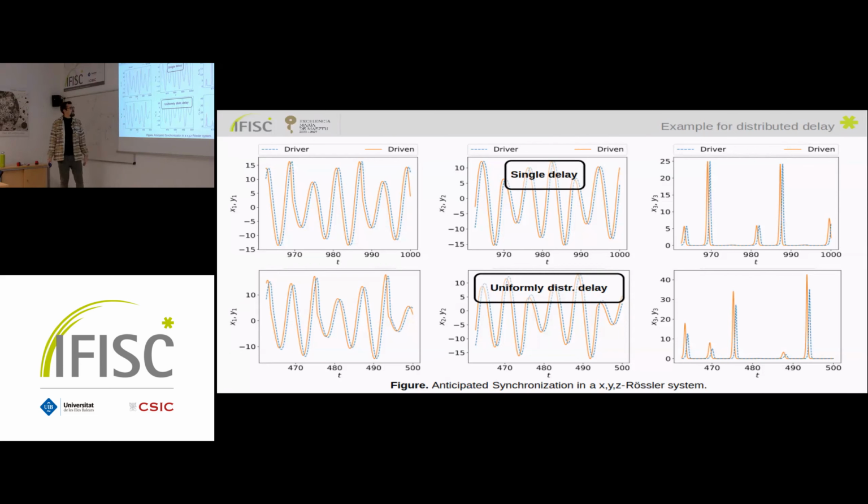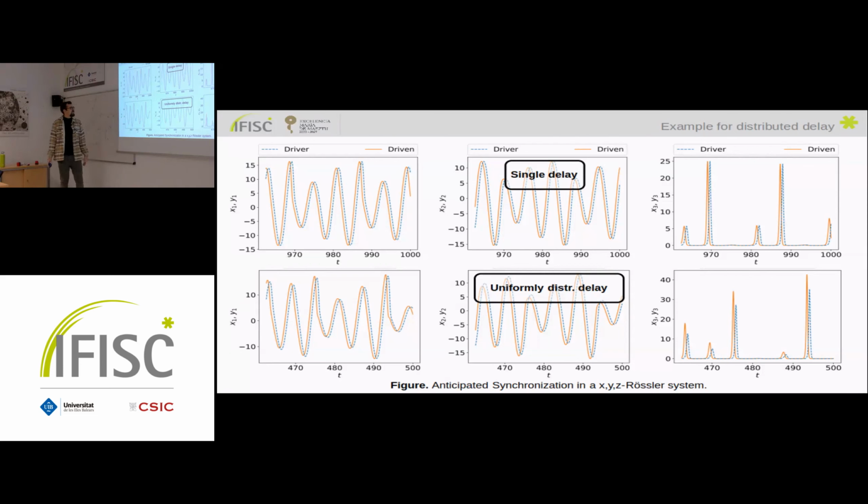And this is a thing that is pretty interesting for us, because one application that one can think of for anticipated synchronization is to say, okay, I have a system that sometimes can have spikes, and I don't want them to have these spikes because they are damaging whatever I care about. So I will create this configuration, and when I see that this driven system starts to have a spike, I will act on the driver system.